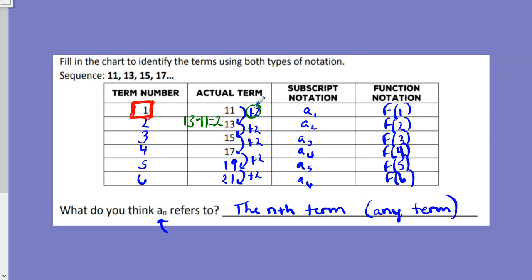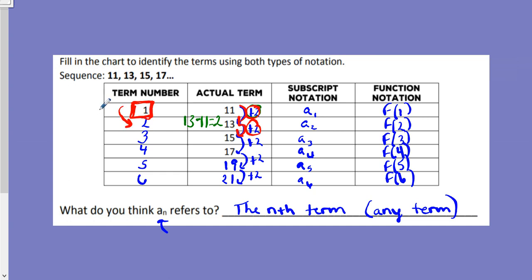We're focusing on our common difference, what I'm growing by each time. So here I can see I'm growing by 2, and I've grown by 2 one time to get to 13.